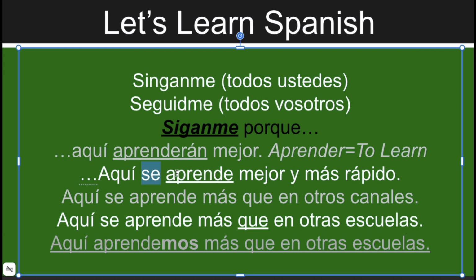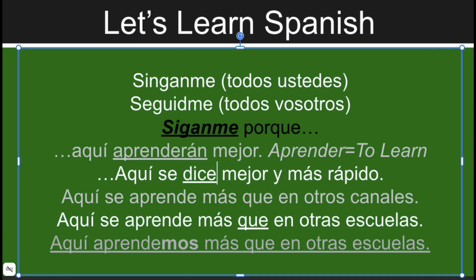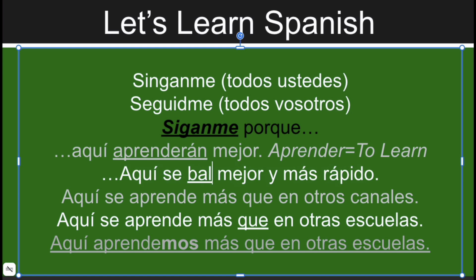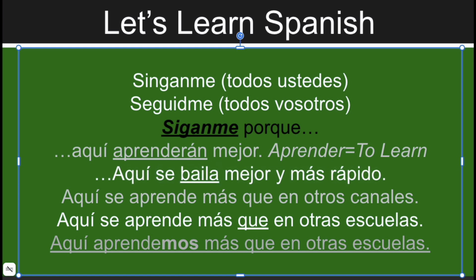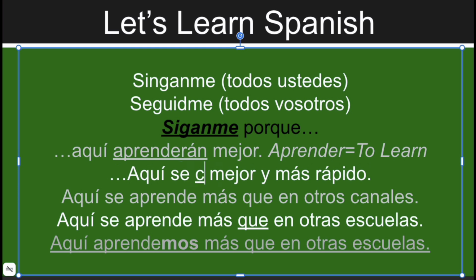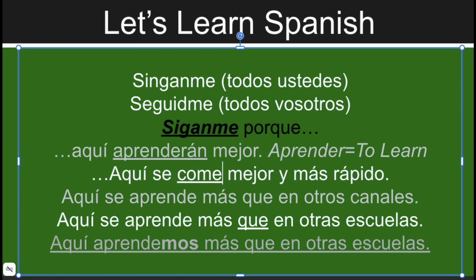phrases that have this se aprende, se dice, for example, dice, it is said. Here it is said, mejor y más rápido, better and more faster, for example. Aquí se baila, here it's danced. Aquí se baila mejor y más rápido. Here we dance better and faster, for example. Aquí se come, here it's eaten, here we eat. So we don't say we eat.